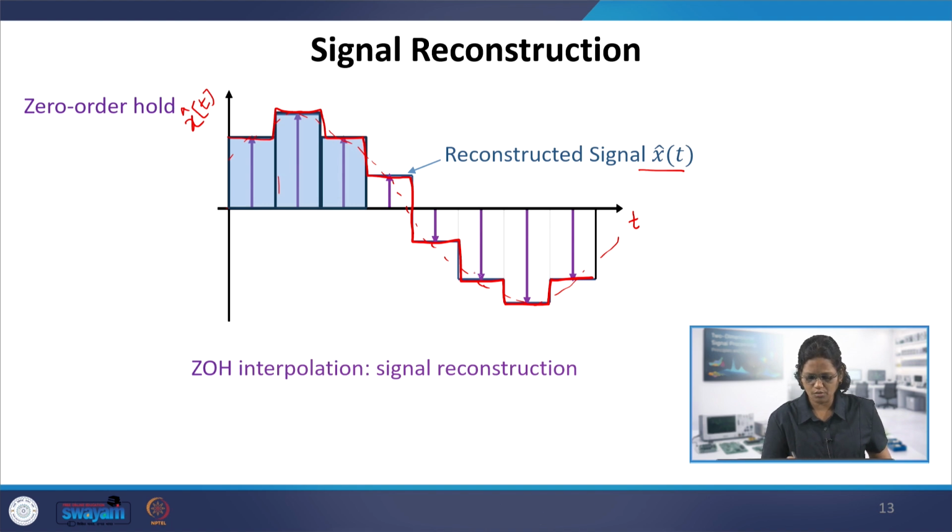The red portion is the reconstructed signal. This is interpolation: the zero order hold, also called the interpolator, interpolates between two samples, so that's how these two samples are connected. This is one process of reconstruction using the ZOH.